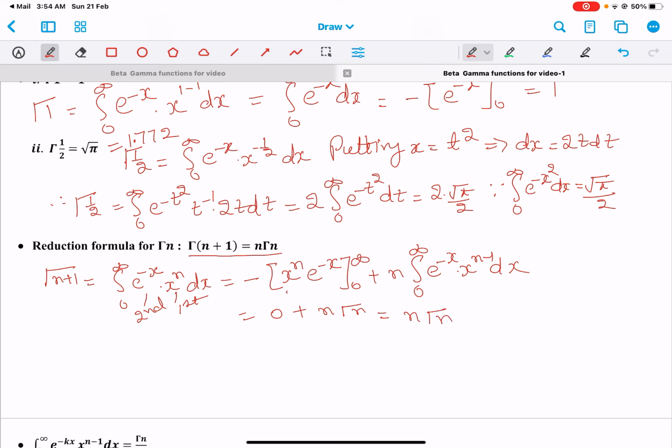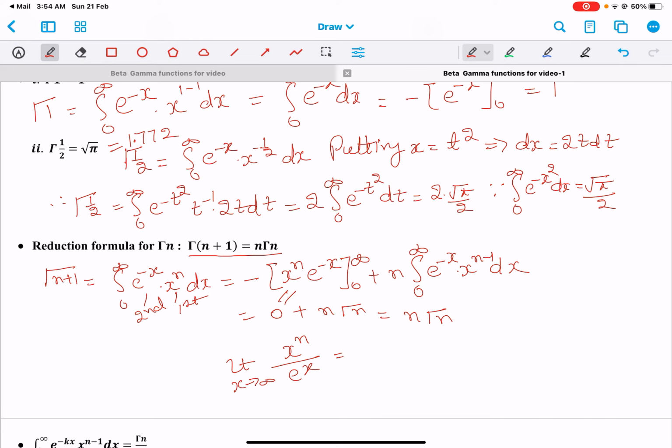Now why is this term 0? Because you may take it like this. Obviously this is 0 when x is 0, but when x is infinity, this may be written as x to the power n upon e to the power x, limit x tending to infinity, which is an infinity by infinity form.